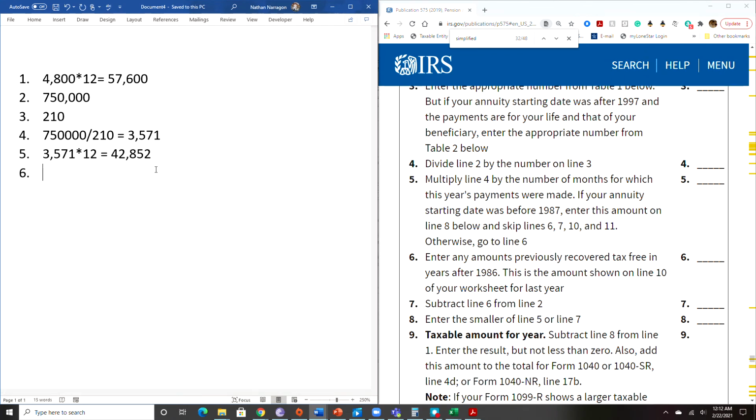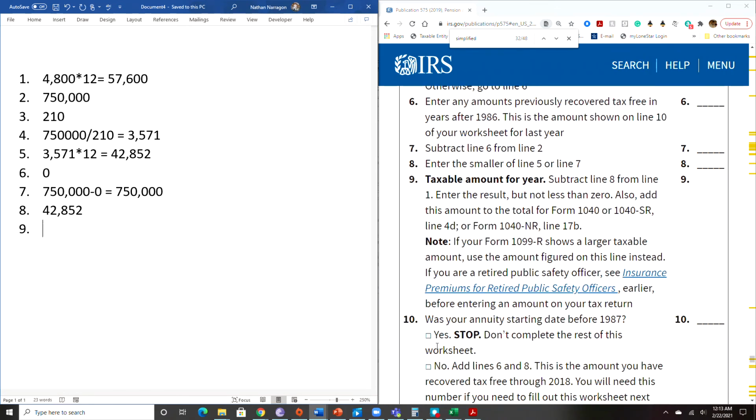Okay. Line 6. Enter the amount previously recovered tax-free in years after 1980. 0. Line 7. Subtract line 6 from line 2. So basically 750,000 minus 0 equals 750,000. Line 8, enter the smaller of line 5 or line 7. So here's line 7, here's line 5. Of course, line 5 is going to be smaller. There we go.